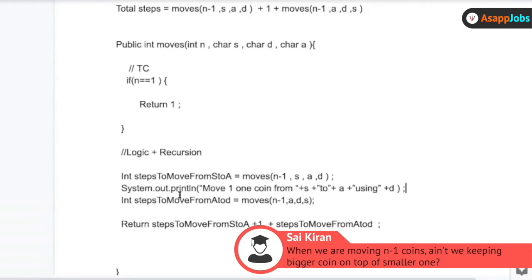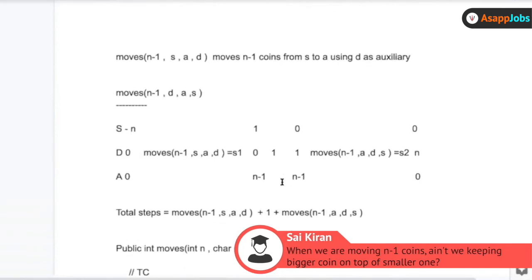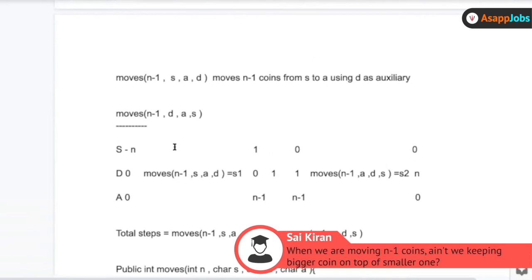You put this print statement, run your IDE, and see how things are happening, and then you will realize that things are happening in order, because of the way we have written this recursive call, as I was explaining here: first of all you move n minus 1 points from the S to the A.